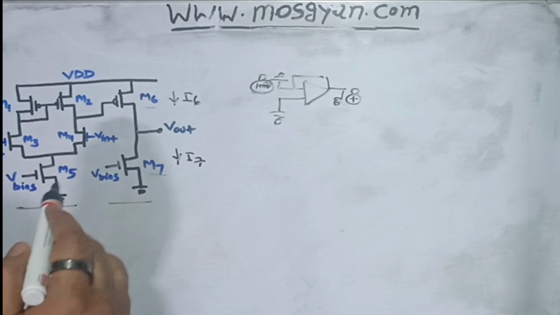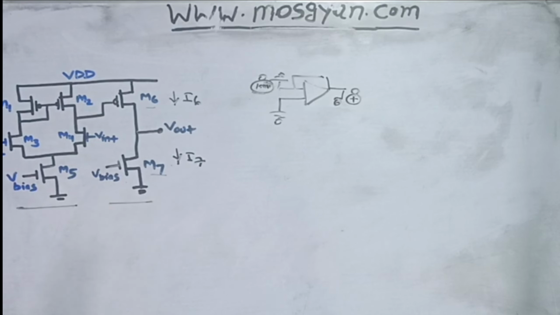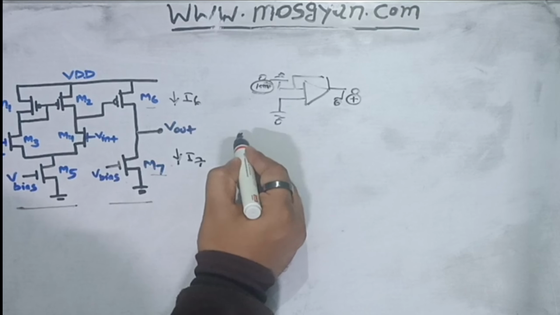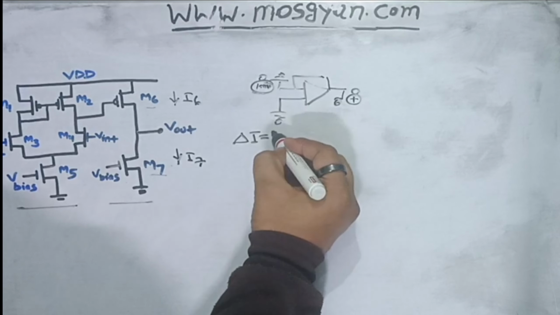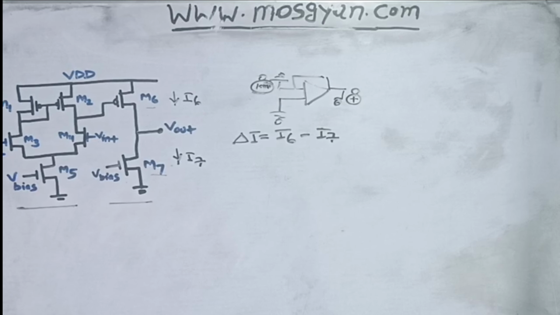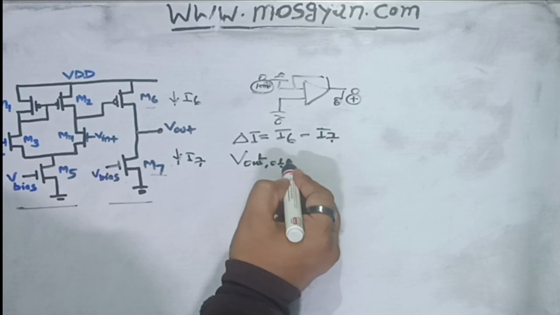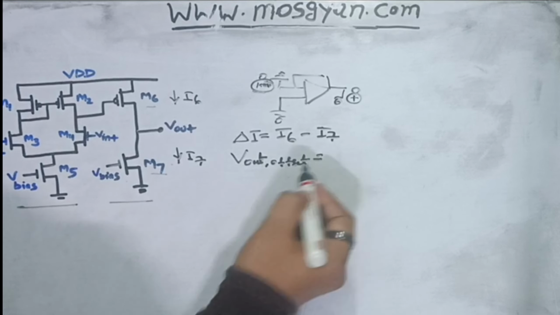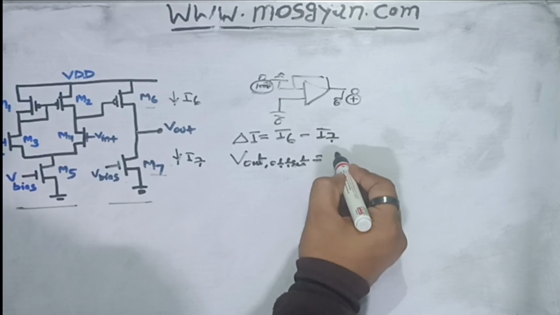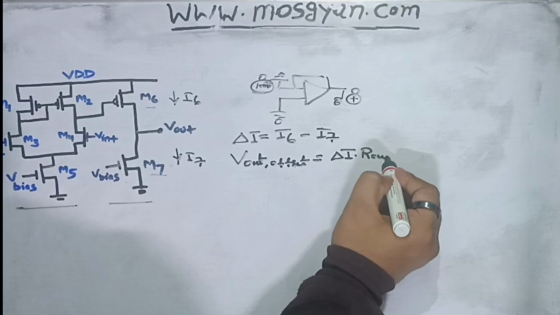Now here in this question, it has been given that there is a current mismatch between MOS M6 and MOS M7. So delta I would be equal to I6 minus I7. This is the current mismatch in the circuit. Now, the output voltage which is generated because of this current mismatch, V out offset, would be equal to delta I times R out.